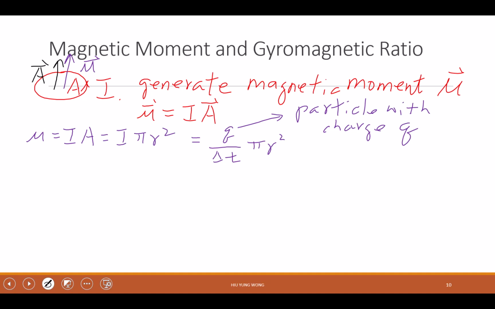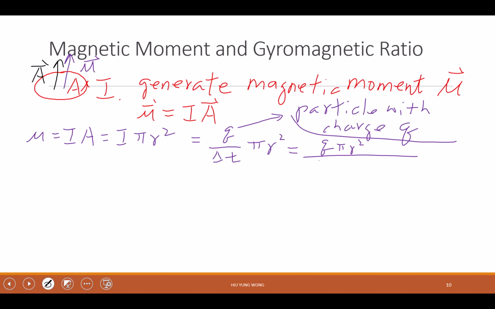So this is equal to Q over delta T. The delta T, the time required to travel back, is equal to distance divided by velocity.